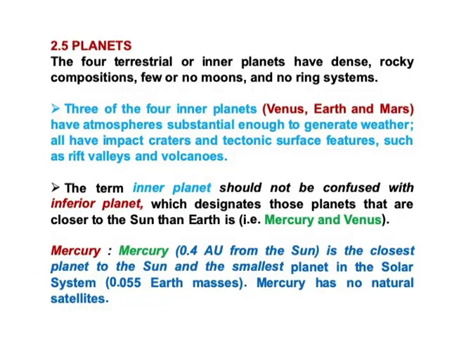The distance is 0.4 astronomical units from the sun. It has 0.055 Earth masses. Are there any satellites? No, it does not have any natural satellite. So Mercury does not have any natural satellites.